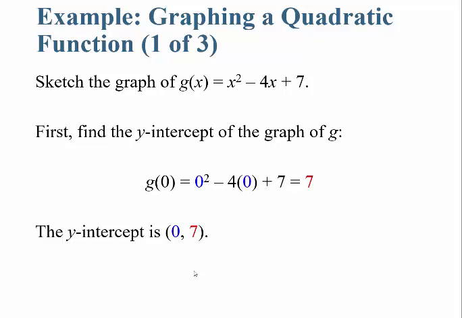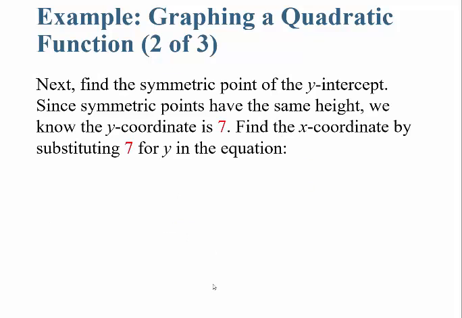Now we want to find the point symmetric to this. Since symmetric points have the same height, we know the y-coordinate is 7. So to find the x-coordinate of the symmetric point, we substitute 7 in for g(x) and solve this equation.